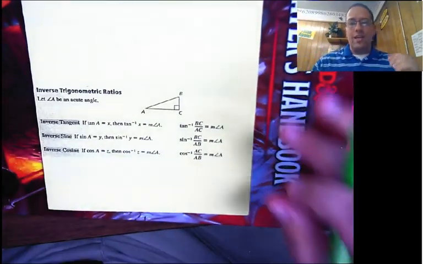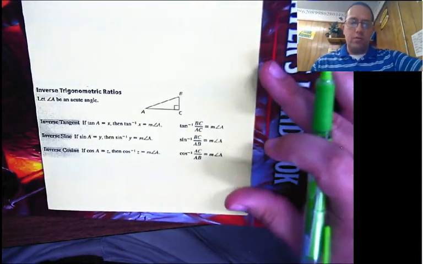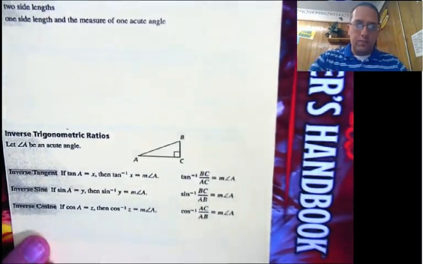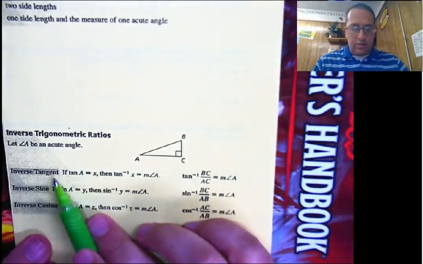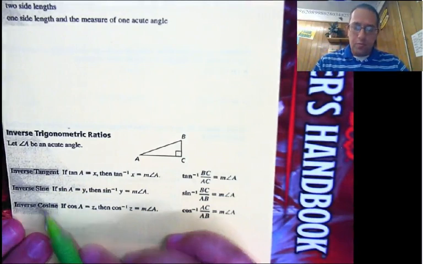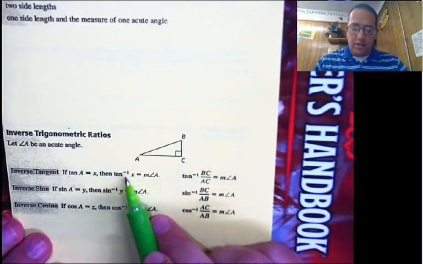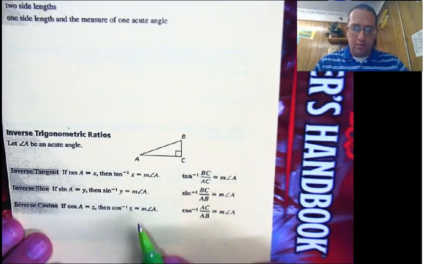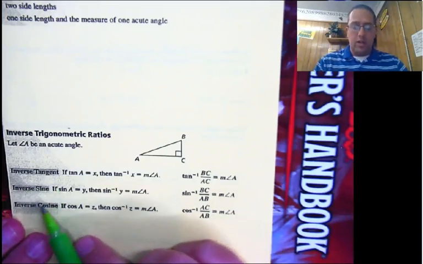That brings us to the inverse of the trigonometric ratios. That would be inverse tangent, inverse sine, inverse cosine. Most of your calculators have this as tangent to the -1, sine to the -1, and cosine to the -1. But they are inverse tangent, inverse sine, inverse cosine.